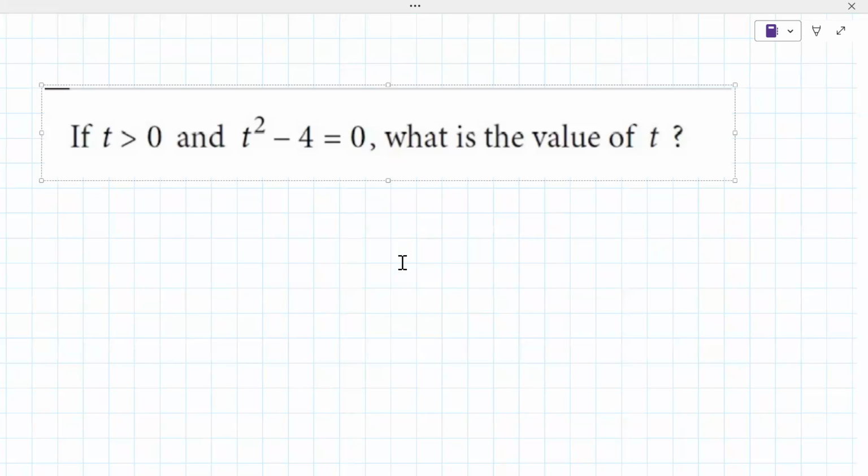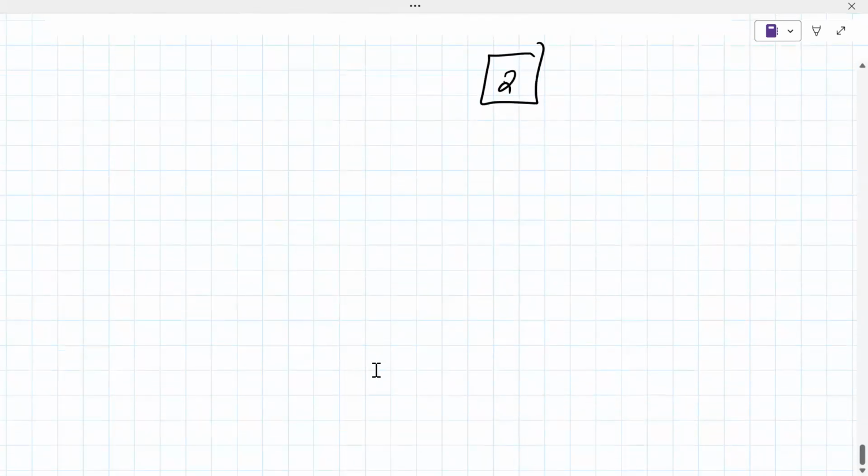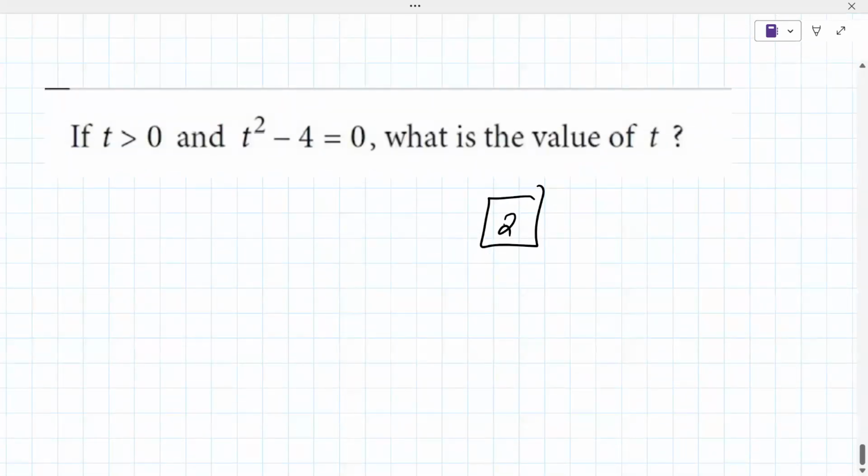D equals 2. Good. So the factoring, you still gotta know your factoring.